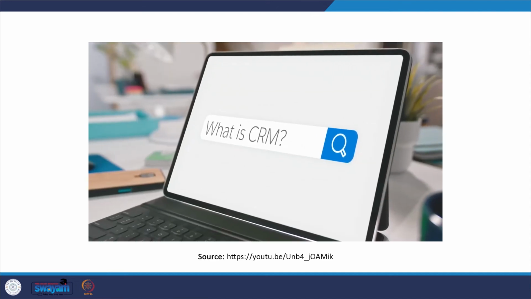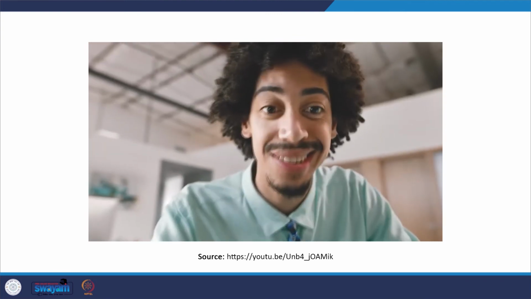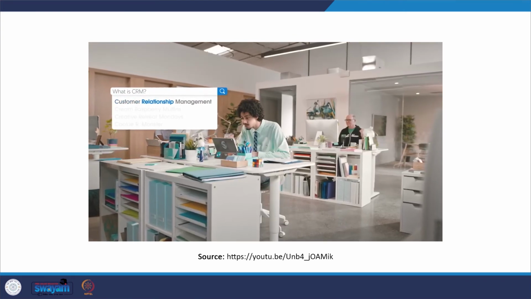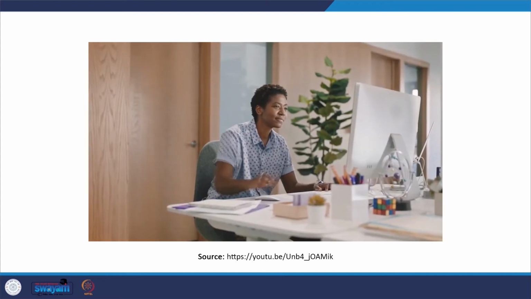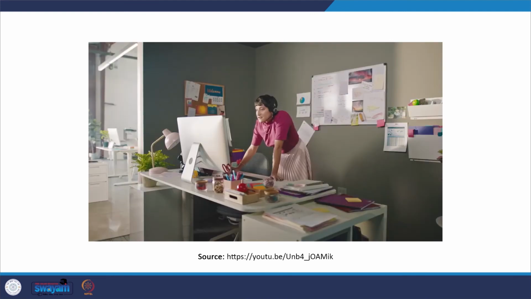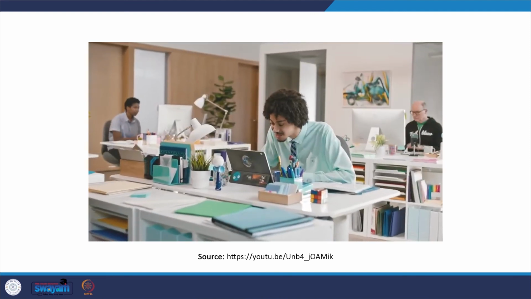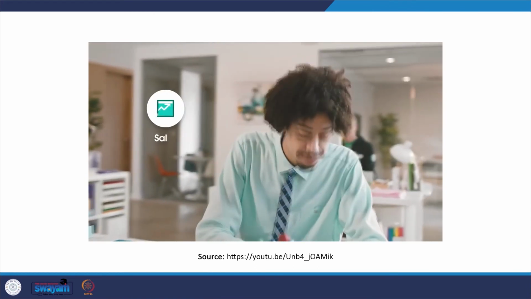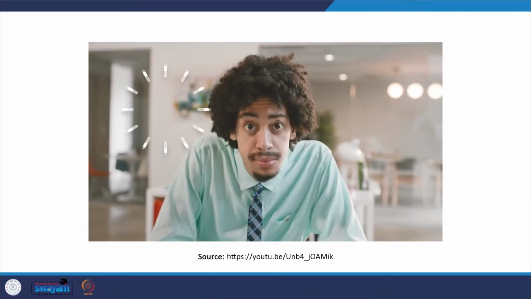What is CRM? Good question. CRM stands for Customer Relationship Management. It's technology that helps you keep track of everything about your customers and your potential customers so you can build great relationships with them. CRM used to be all about sales, but not anymore.